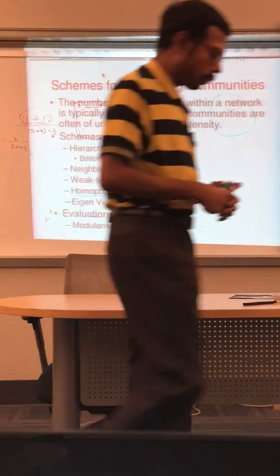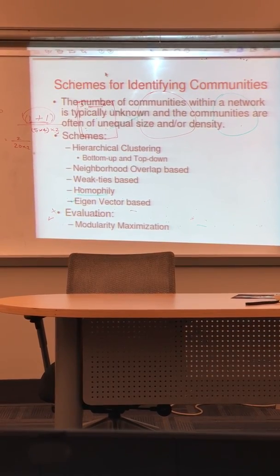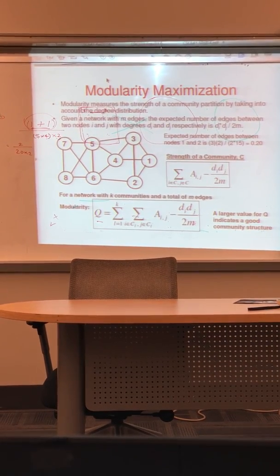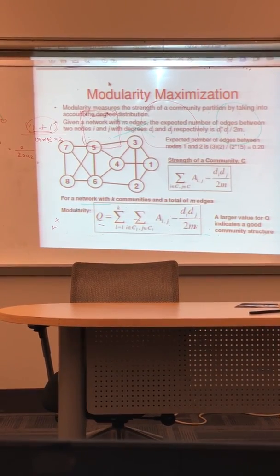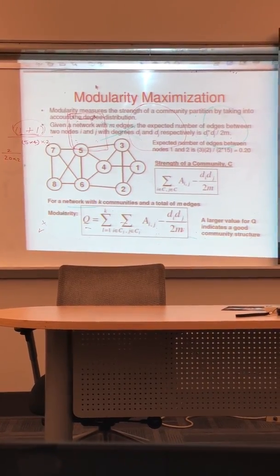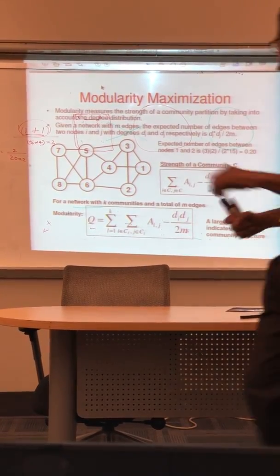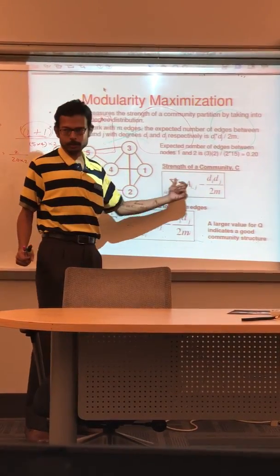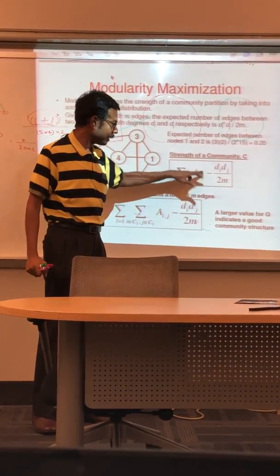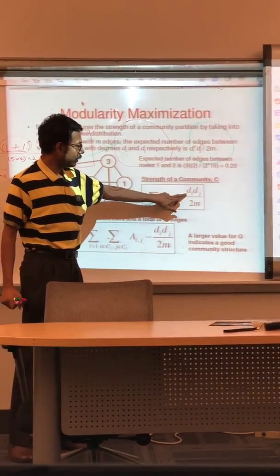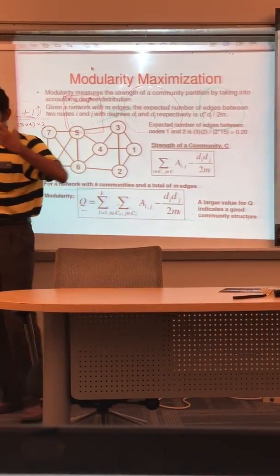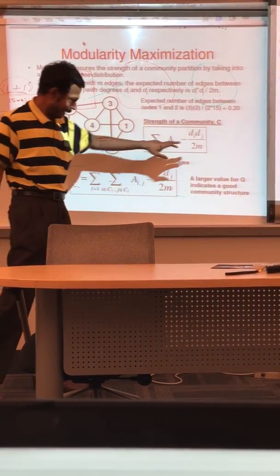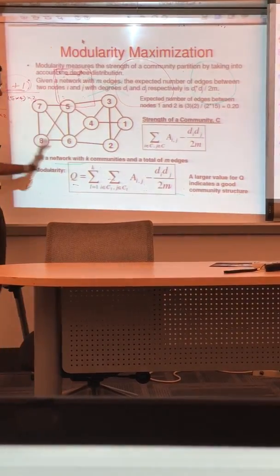And we already saw this modularity based approach that could be used to calculate how good a partitioning is. For every pair we compute this modularity score. It is either 1 minus or 0 minus: 1 minus if you have an edge between the 2 vertices, 0 minus if there's no edge. What is this di dj? It is the degree of the 2 vertices divided by 2m, where m is the total number of edges in the graph.